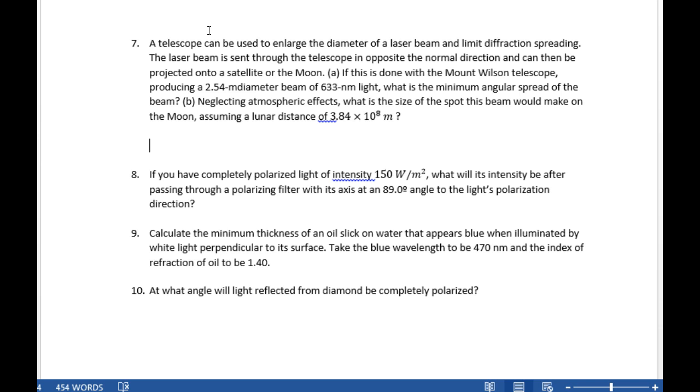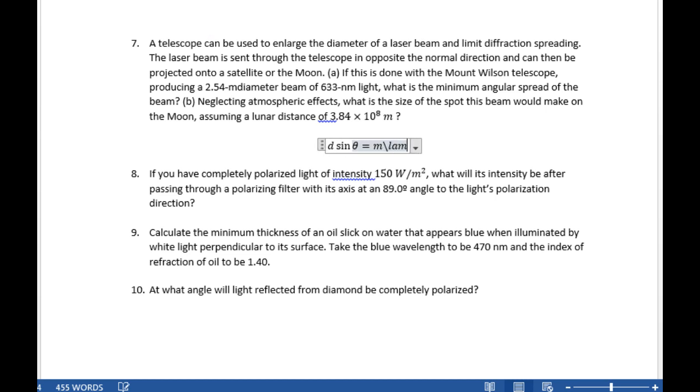If we look at this as single slit diffraction, we've got d sine theta equals m lambda. If m equals 1, that defines the angle out to the edge of the central maxima, right?